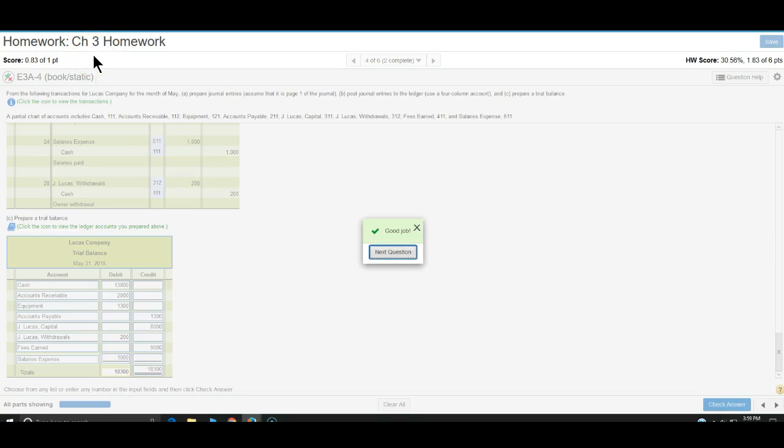And if you understand that process, are able to analyze each transaction, record it properly, debiting and crediting the right accounts for the right amounts, posting properly into the ledger, adding and or subtracting as the case may be, getting your ending balances intact, and then simply transferring from your ledger to the trial balance, then you did a good job.